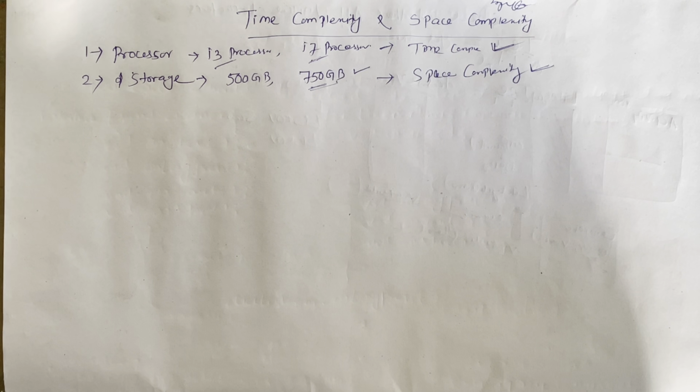Okay, so time complexity helps us to optimize our task or algorithm so that we can execute the task faster, and space complexity helps us to perform more tasks within the same overall space of the system.